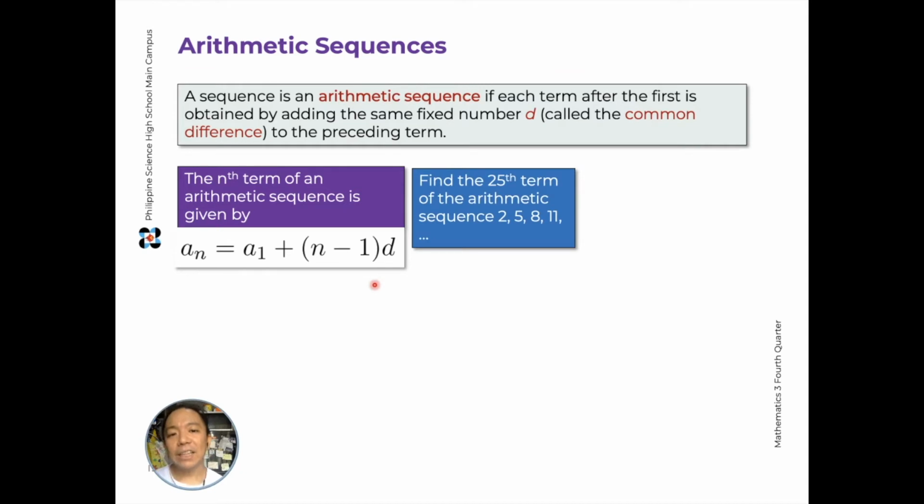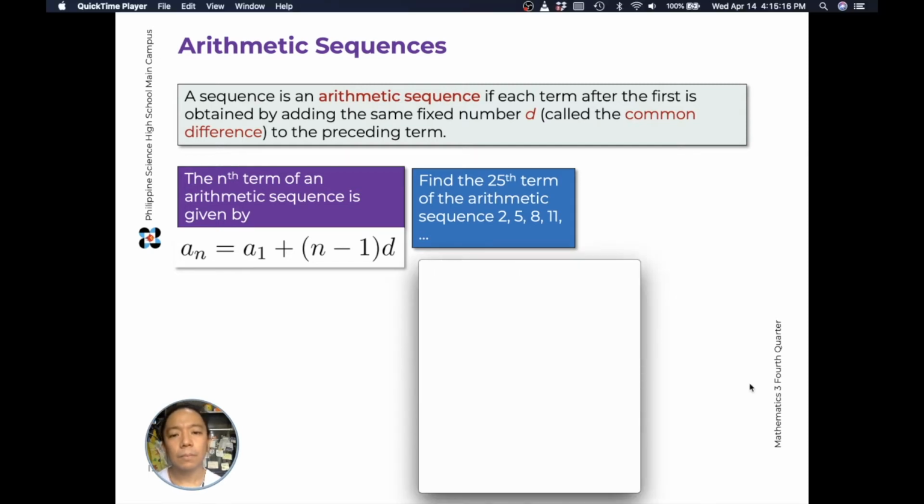So, let's find the 25th term of the arithmetic sequence 2, 5, 8, 11. So what are we doing? We're adding 3 to get to the next term. So by observation, masabi natin na yung common difference natin ay 3, d equals 3.